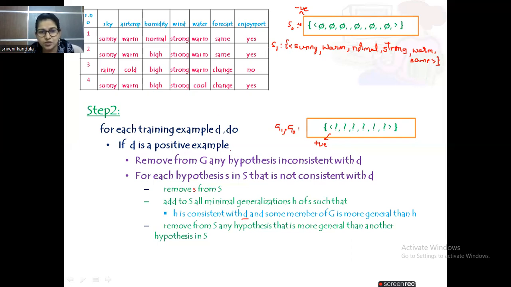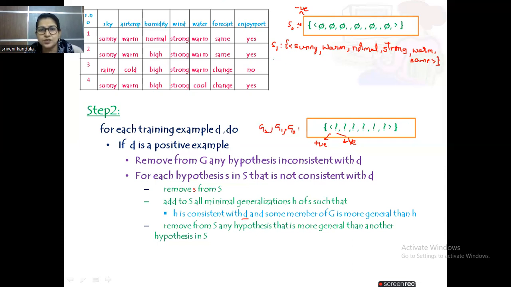Coming to G, let us see what our general hypothesis classifies with this example. We have all question marks. So again, the second example is also classified as positive by my general hypothesis. Actually, it is a positive one. So no changes to the general hypothesis. It remains the same.